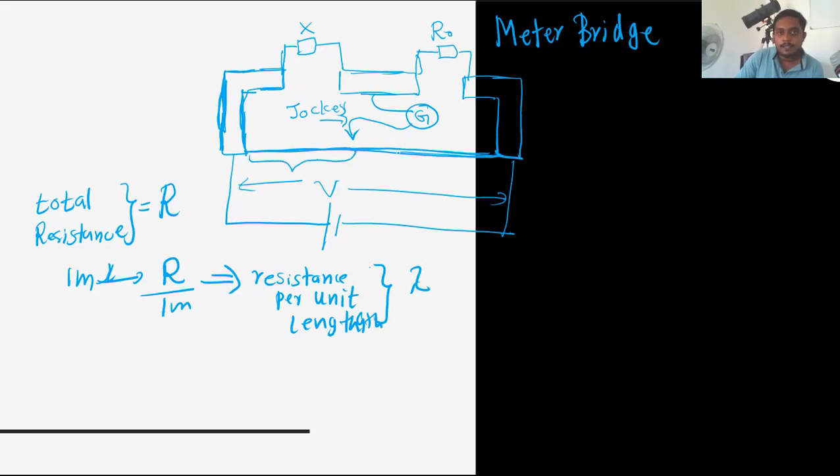We have to find a place. We can find several places and put our jockey there. We can connect this wire to our jockey.